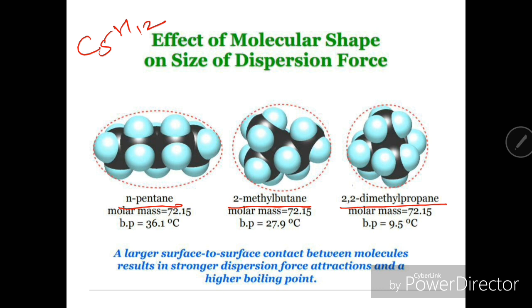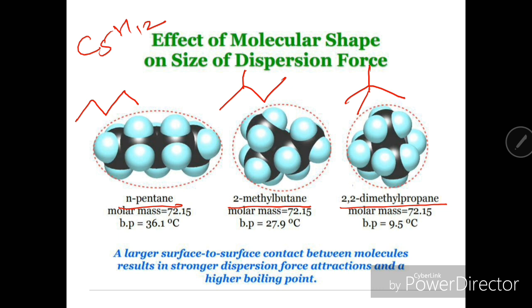So the molecular formula is the same, only the number of branches is changing. n-Pentane has an unbranched chain of carbon, whereas 2-methylbutane has one branch, and 2,2-dimethylpropane has two branches.